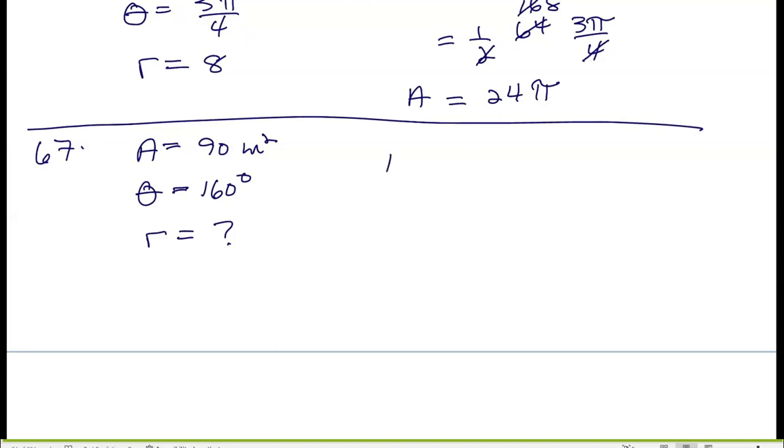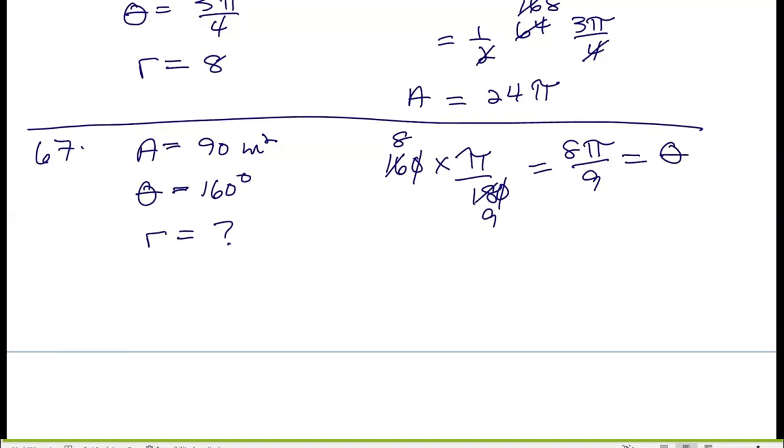Okay, first things first, 160 times pi over 180, because I have to have my angle in radians. Okay, 2 goes into 16 8 times. 2 goes into 18 9 times. 8 pi over 9 equals my angle in radians.